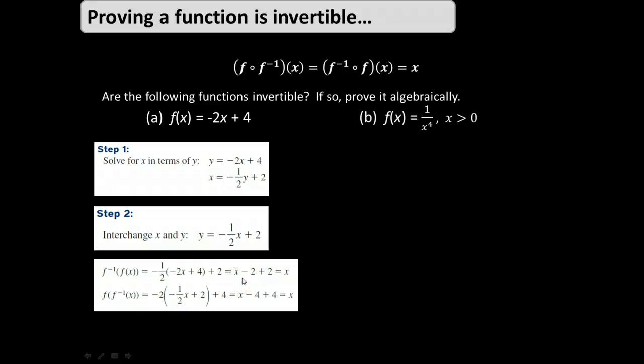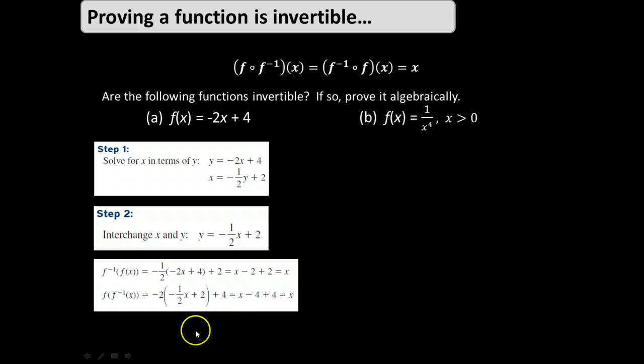Distribute that negative 1/2, we get x minus 2, and then plus 2, and x minus 2 plus 2 is simply just x. So f inverse composed with f of x gives us a value of x, which is what we're looking for to prove that it's invertible.